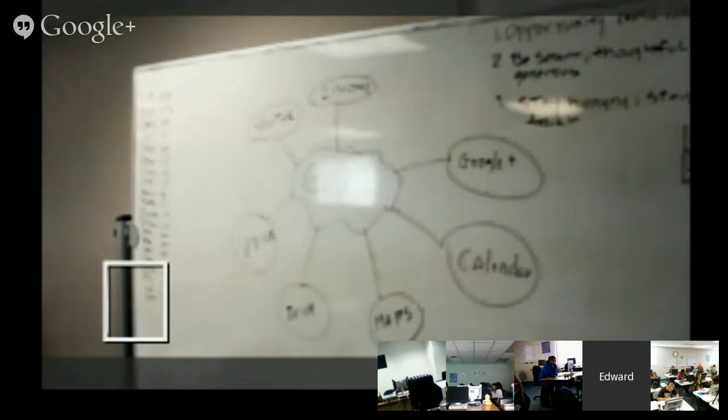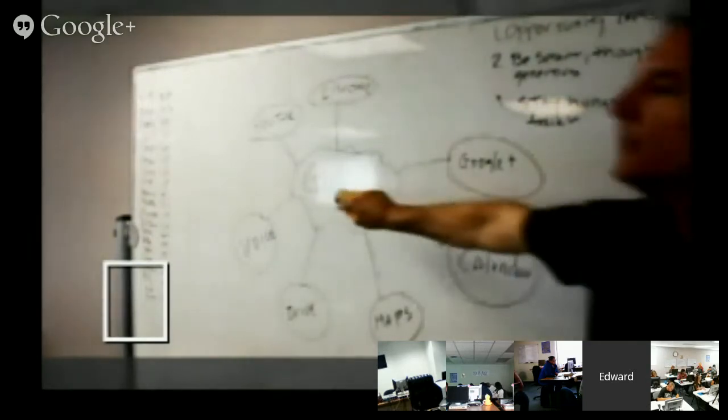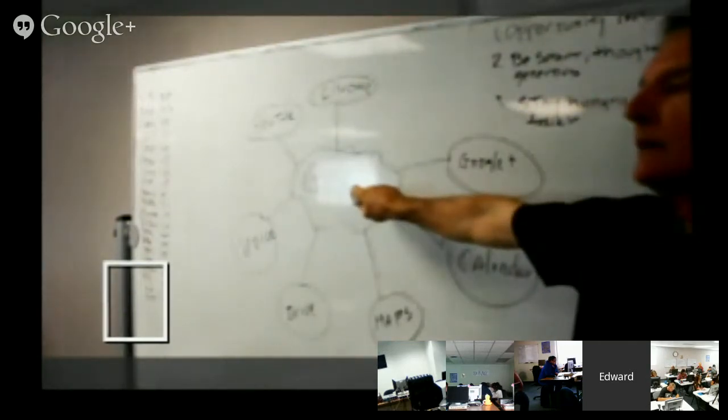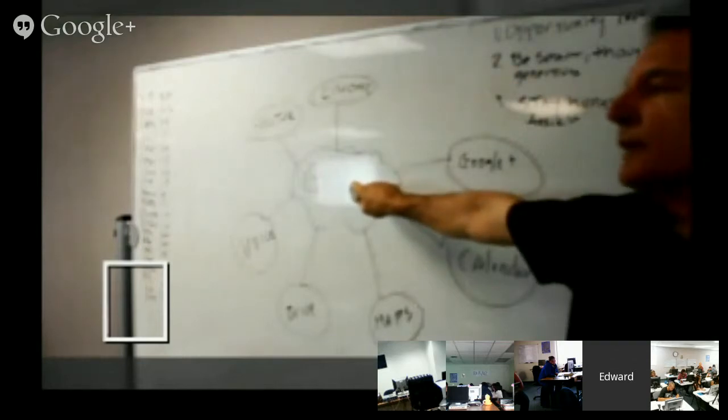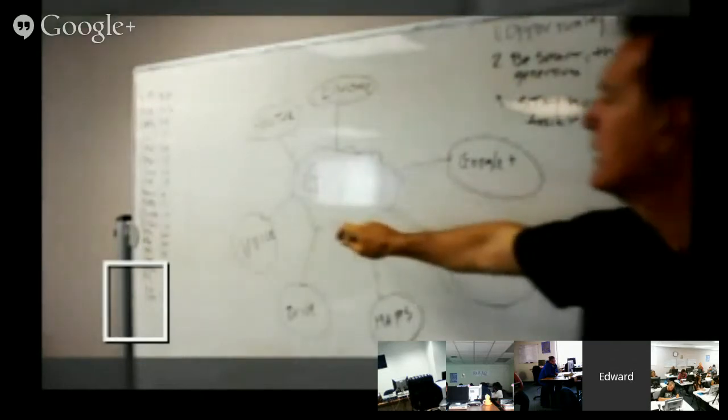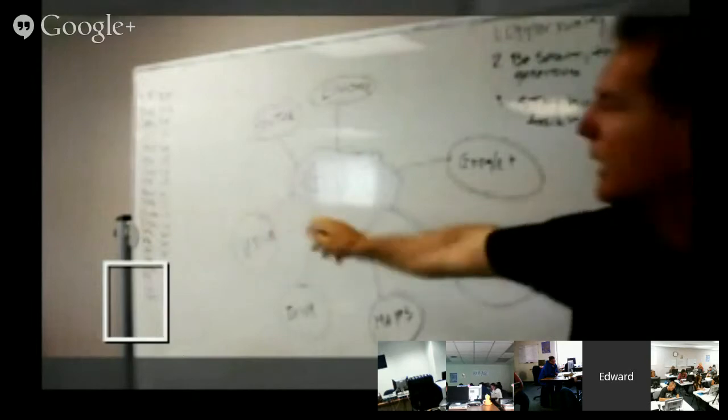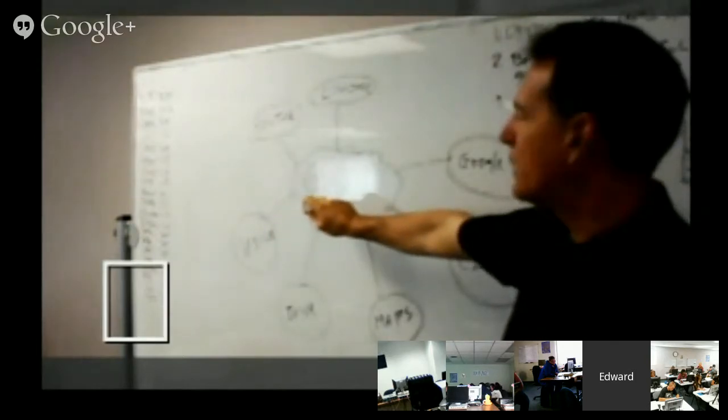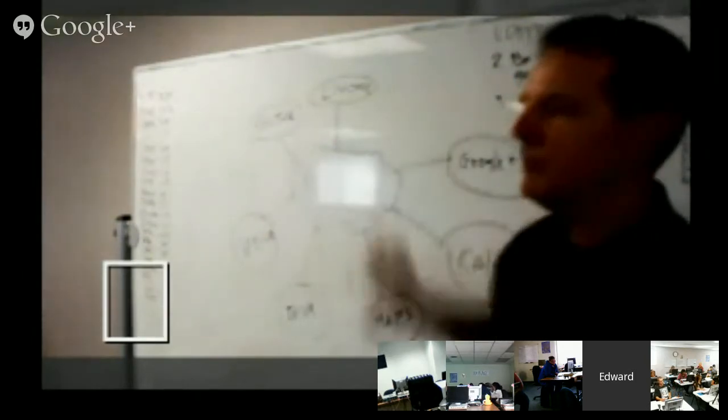So it's very important to get that these things are all interconnected. I only have Gmail in the center because that's what we're talking about this week. If we were doing Drive, which we did last week, Drive would be in the center.